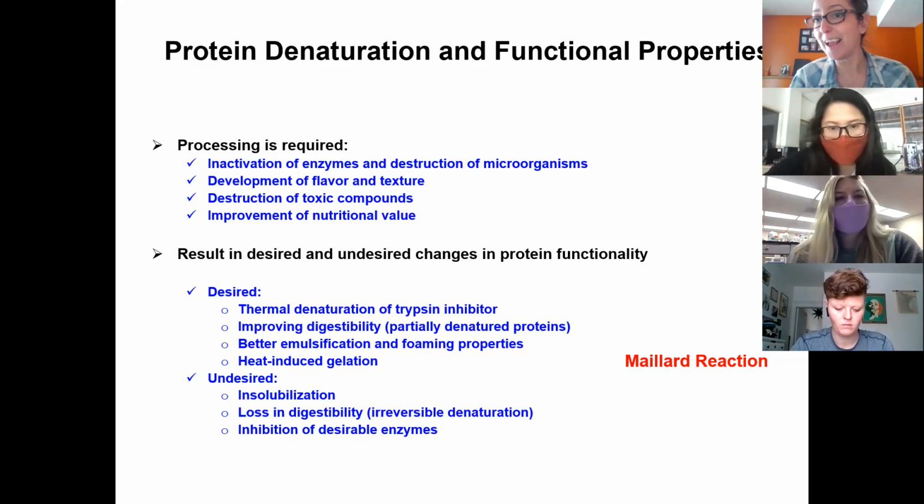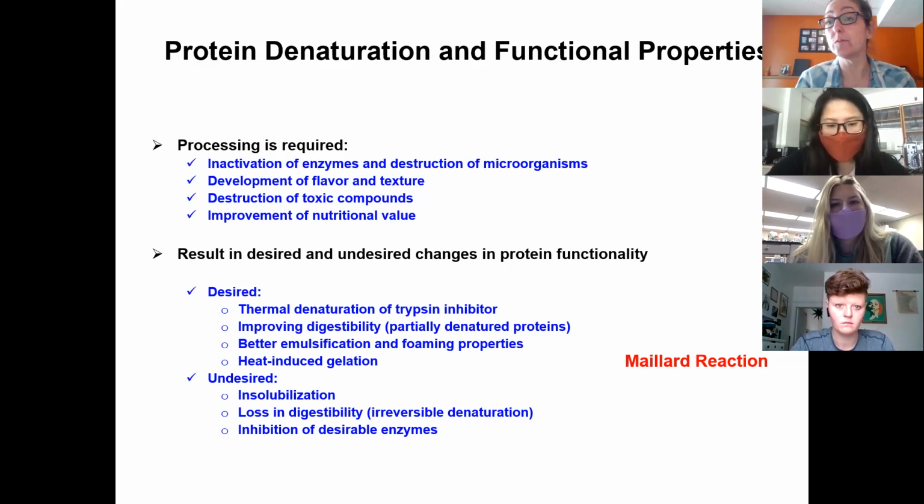But if you heat it again, it will be soluble again. So this is reversible, but if you get covalent interaction happening, that is irreversible. Once a gel is stabilized by covalent interactions, that is irreversible.